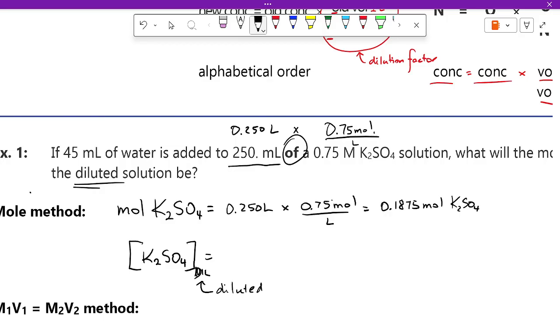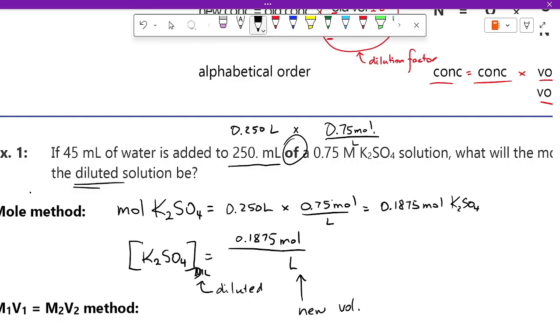And that's going to be equal to, I'm going to put my moles on the top, so 0.1875 moles. And what has to go on the bottom? Liters, and that's going to be our new volume.